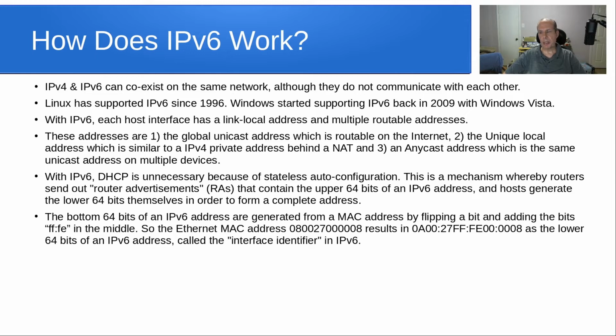So the MAC address that I've got here results in this sort of an IPv6 lower address, the lower 64 bits, which is the interface identifier. And you'll notice that the numbers in an IPv6 address are delimited by colons rather than dots, and there are 8 of them. So this lower address only has 4 of them here.